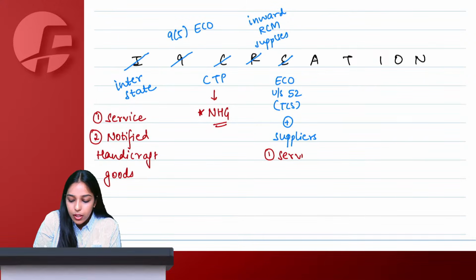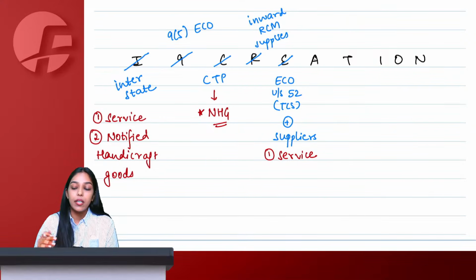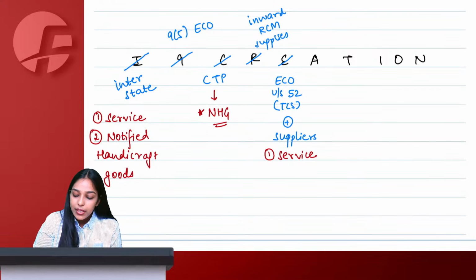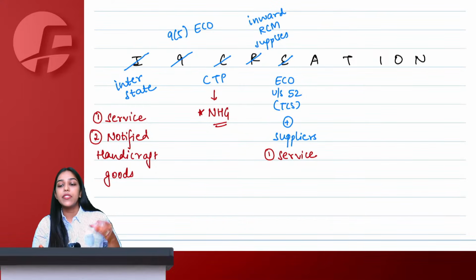If I am supplying service through any e-commerce operator, then in that case, I can still be unregistered up to 10 or 20 lakh, whatever is the applicable limit, and not take registration. Means there is a blanket exemption given to a supplier of service. That if a supplier of service is supplying anything through an e-commerce operator, no need to take registration unless you reach your 10 or 20 lakh threshold.